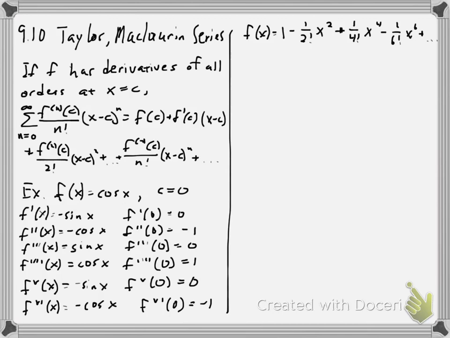Finally, what we can do with this formula is write down the series in a nice notation: cosine of x equals the summation from n equals 0 to infinity. Is there a pattern that we notice? Well, you certainly see that there is an alternating sign, so I'm going to write a minus 1 to the n, or n plus 1. You can think about which one that is. The first term is positive, so if n is 0, we want minus 1 to the n so that we get a positive.